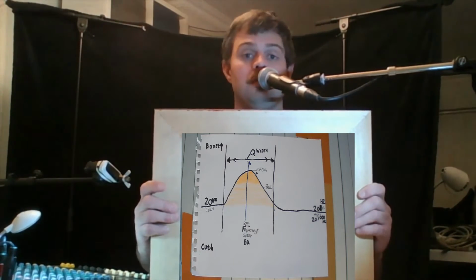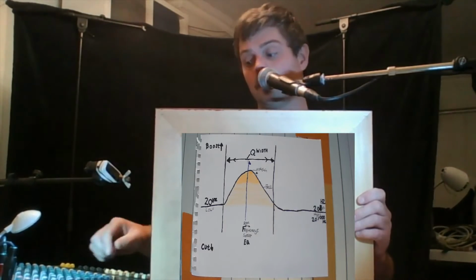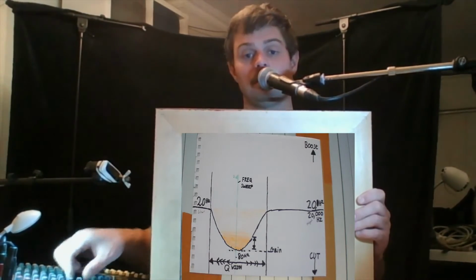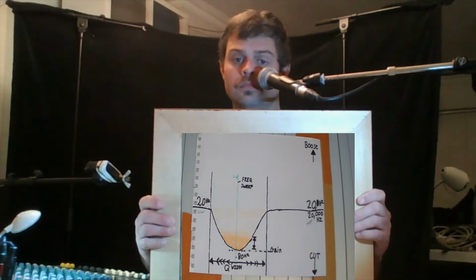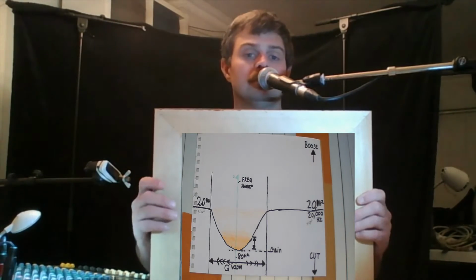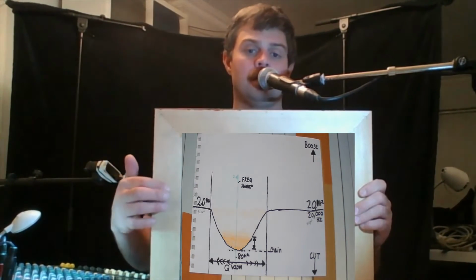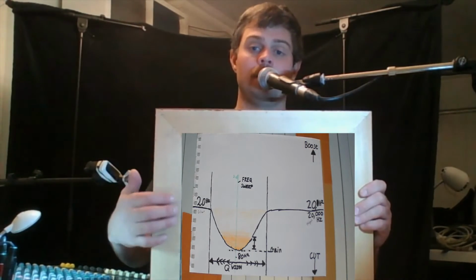Next up, I'll show you a cut of the low end frequencies. So this is a boost, and I'll show you a cut. As you can see here, you've got this low end cut, again around minus 12 dB.